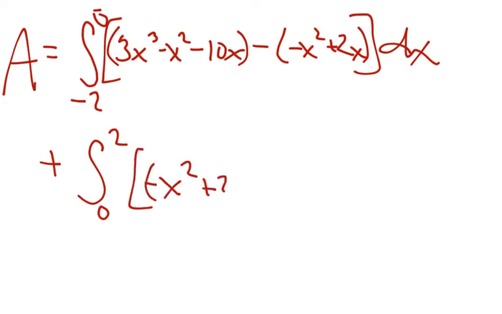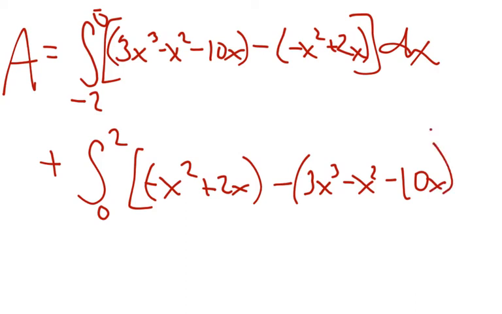Negative x squared plus 2x minus 3x cubed minus x squared minus 10x, and of course, dx. So there you go.